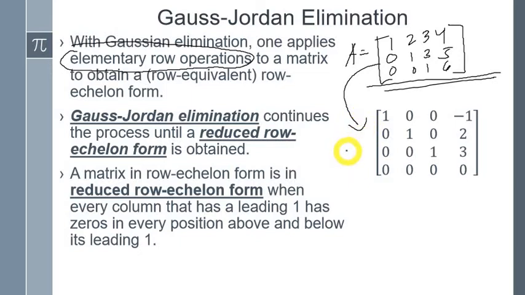reduced row echelon form. So when we say reduced row echelon form, it's still a row echelon form. We have leading ones. If there's a row that is all zeros, they're all on the bottom. And the leading one of the row on top should be further on the left hand side.